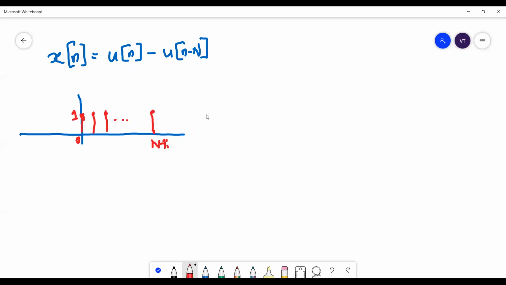Now you are asked to find the DFT of this signal. Can you find that? I want you to find what this value is. What is the DFT?